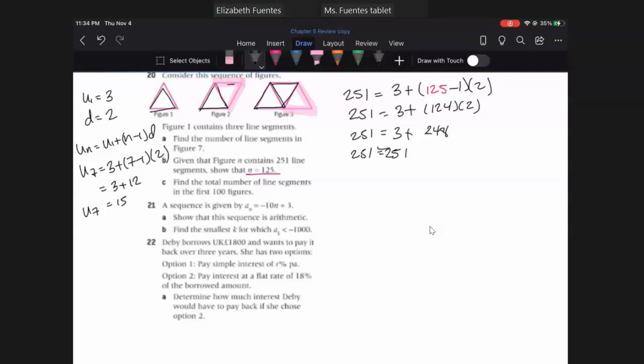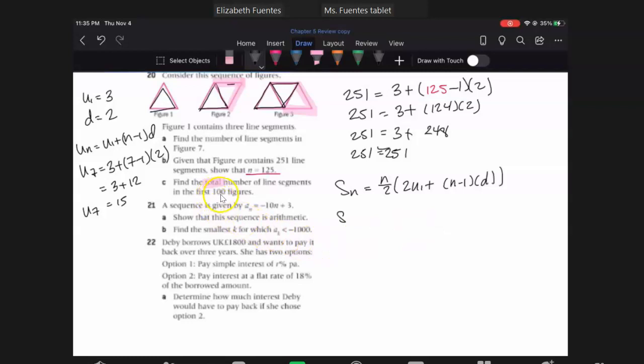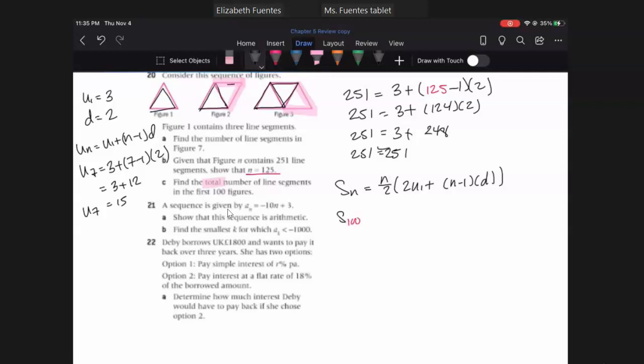Part C, find the total number of line segments in the first 100 figures. Since this one says total, I'm going to use my S of n formula. So anytime you see the word total, you know you're using this one. Now I don't know the final term in my sequence, so I have to use the longer version. Now, they tell me the first 100 figures, so that is my n value.